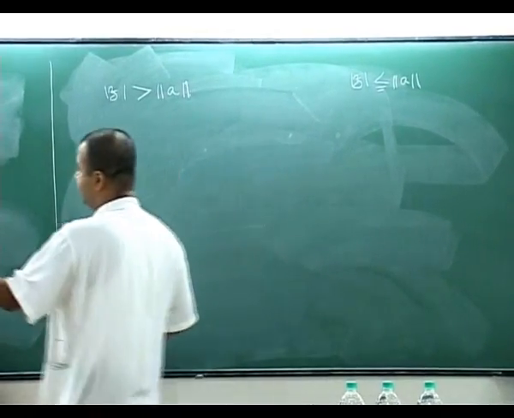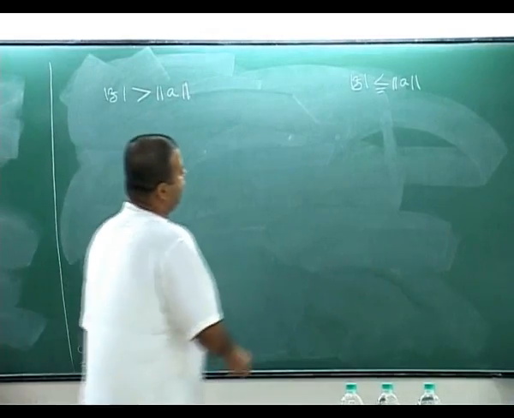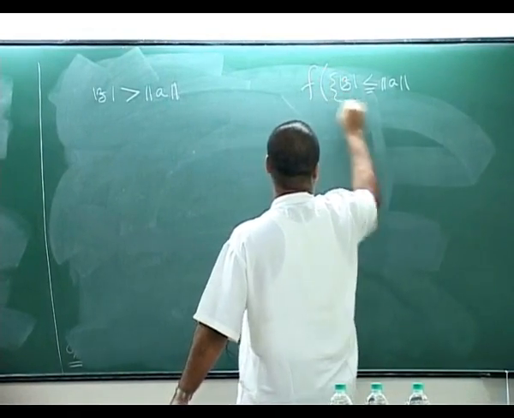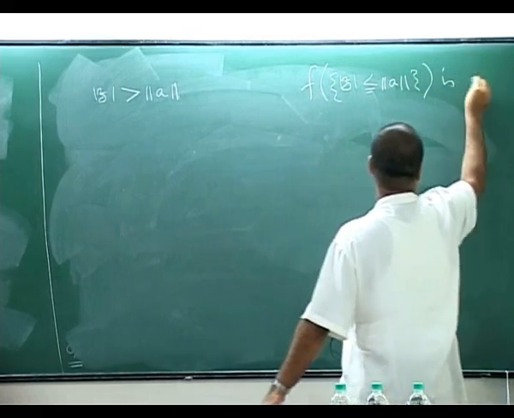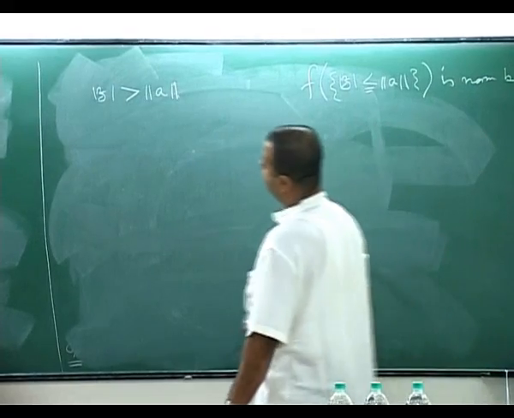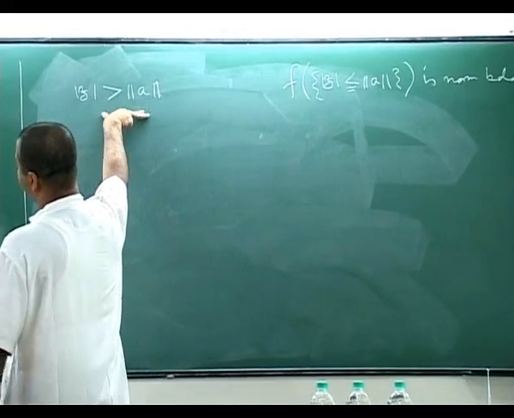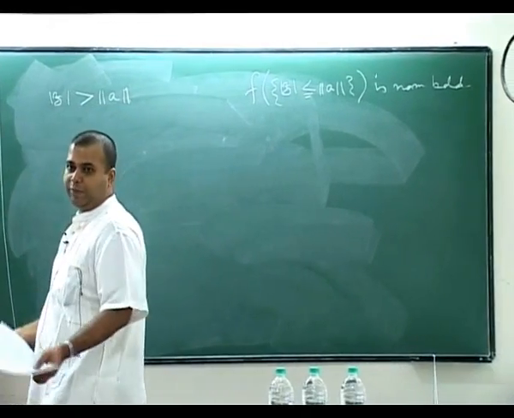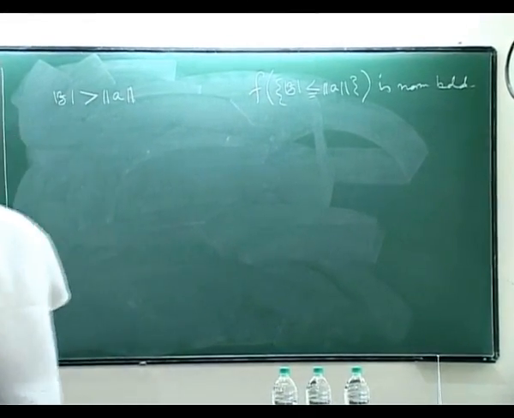We have proved our function is analytic. Therefore, f of this region is norm bounded. If we can prove that f on the other region is also norm bounded, then we will end up proving that f is norm bounded on the whole space.